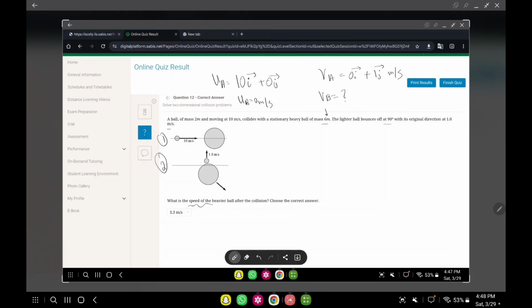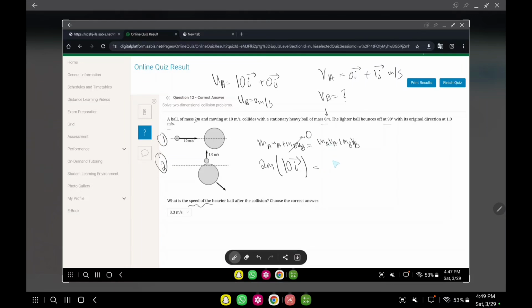So it's a collision, so surely we're going to do m_A u_A plus m_B u_B is equal to m_A v_A plus m_B v_B. Okay, let's go. m_A is 2m times u_A, 10i, plus this is 0, right? Because it was at rest. So let me erase this.